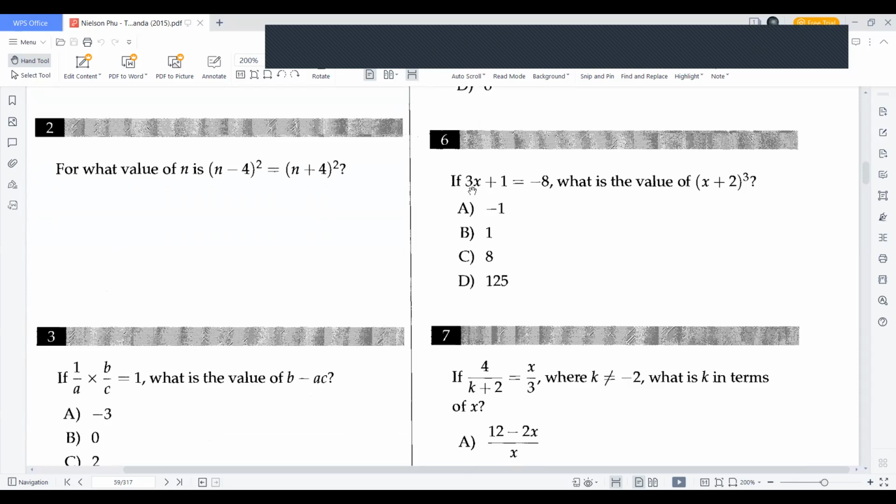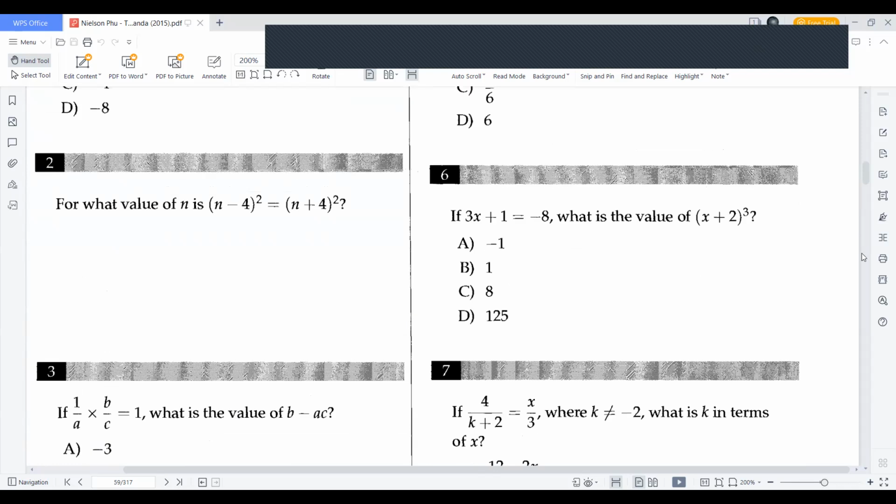Yes. Right? -3 plus 2, -1. -1 cubed is -1. Not 1, but -1. Because it's an odd power.